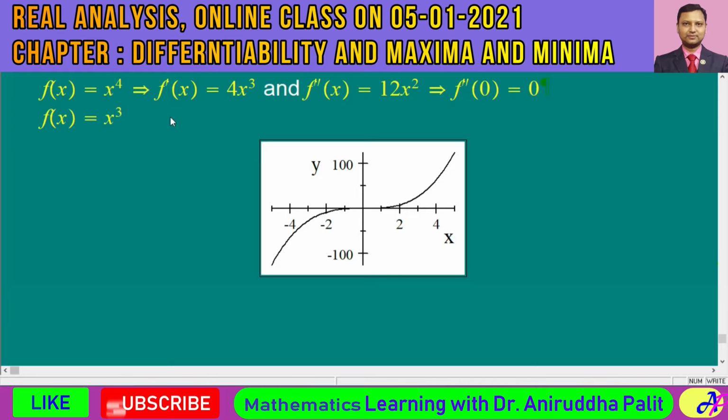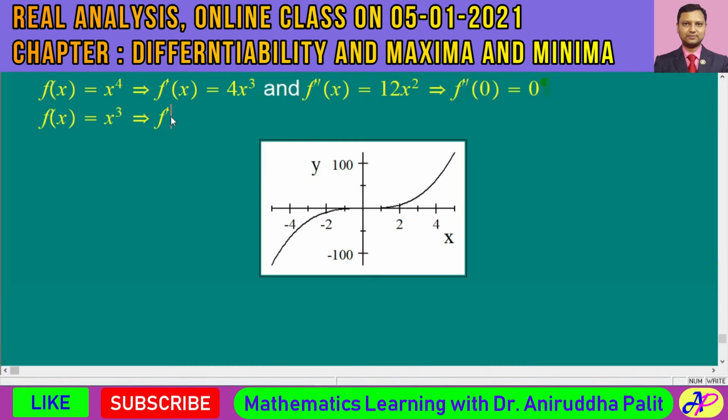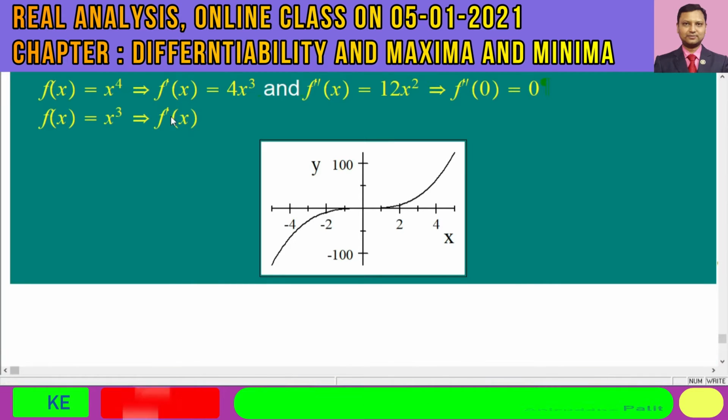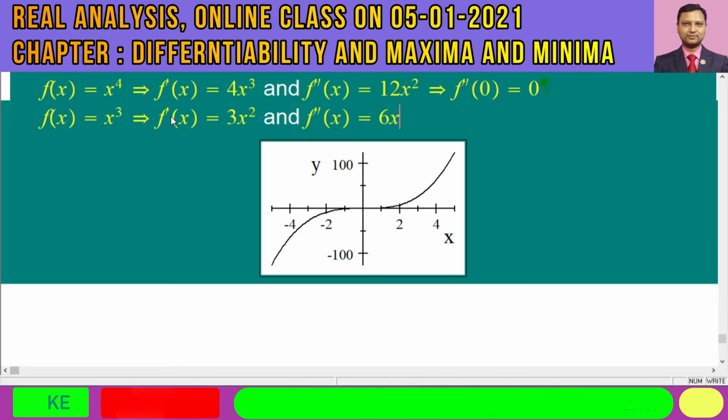In this kind of function as well, if you consider f dash x, that would be 3x square, and if you consider f double dash x, that would be 6x.